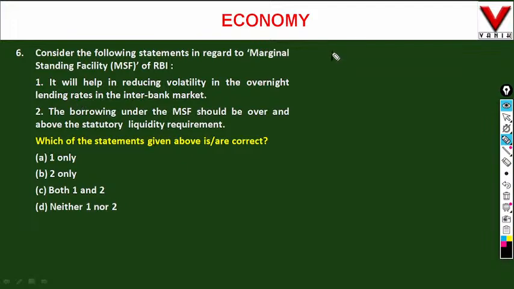What is MSF? Marginal standing facility.